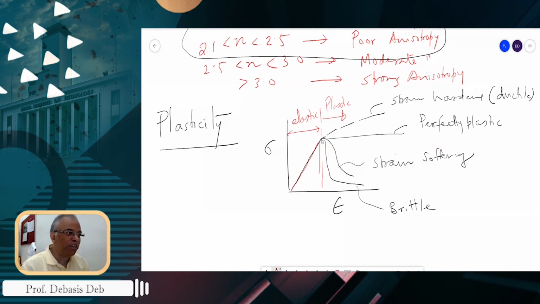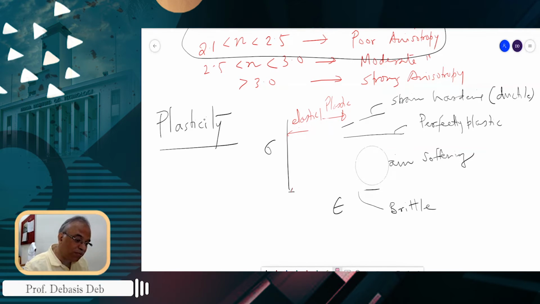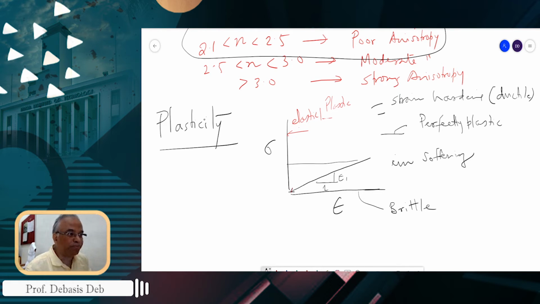Do not be confused. They will have some E and mu, whatever may be the value. This may be a very slanted curve, but they will have a certain E and a certain mu.